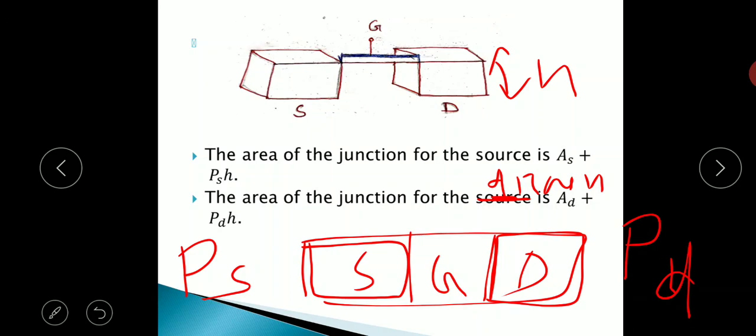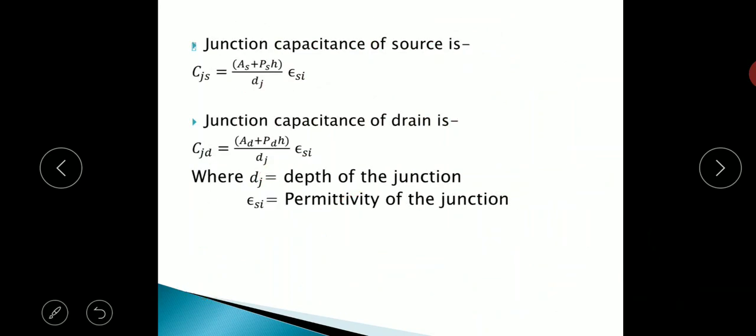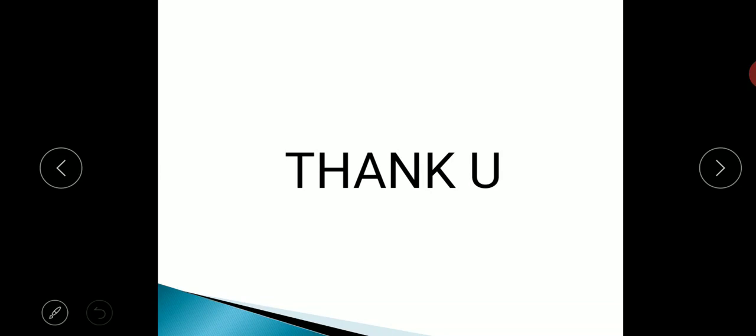The area of the junction for the source is AS plus PS times h, and AD plus PD times h for drain. Junction capacitance of source is CJS equal to (AS plus PS h) by DJ into epsilon SI. Similarly, we can write for drain, where DJ equal to depth of the junction, epsilon SI equal to permittivity of the junction. So this is all about today's class. Thank you.